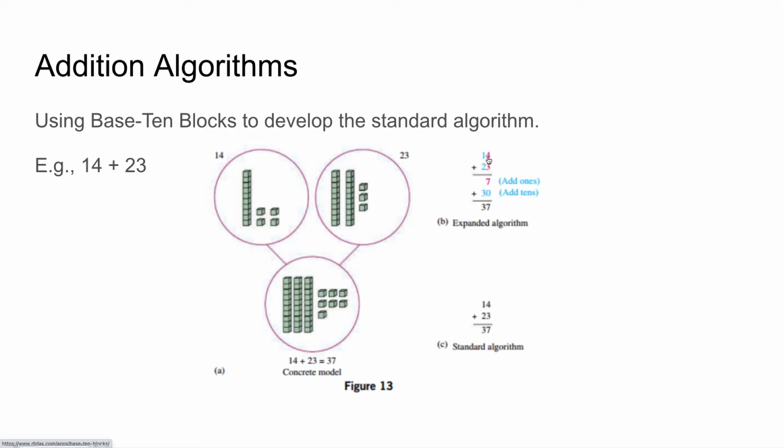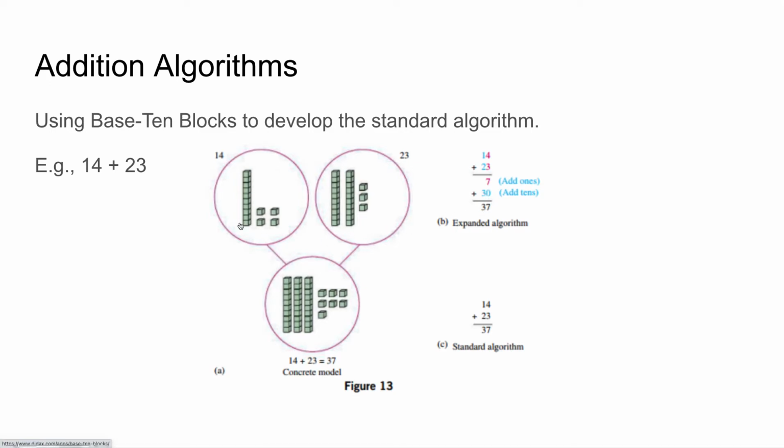The tens place is here and the ones place is here. You are adding the ones together, 4 and 3 is 7. 1 ten and 2 tens together is 3 tens, which is 30. It's not 3, it's 30 because it's 3 tens, right? So 7 plus 30 is 37.